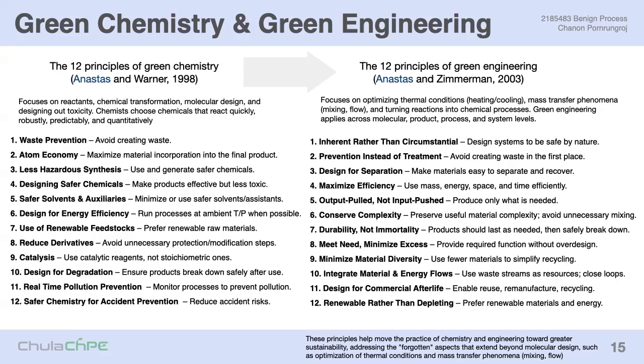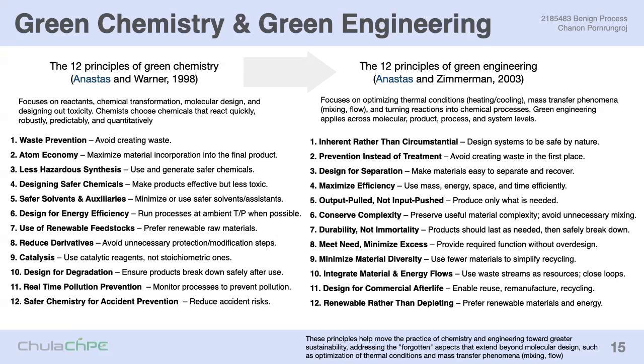We also think about design for energy efficiency: run the process at ambient temperature and pressure when possible. Seven is use of renewable feedstocks: prefer renewable raw materials. Eight is reduce derivatives: avoid unnecessary protection and modification steps.